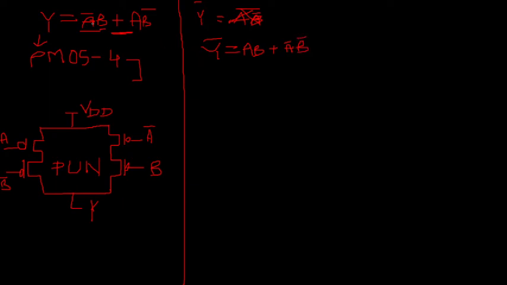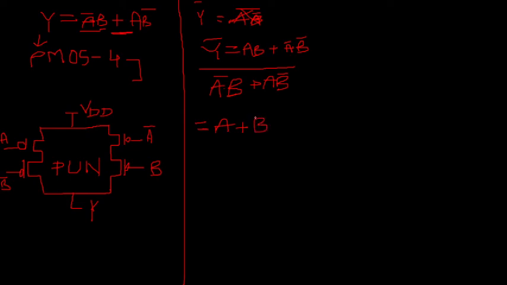How you are getting this, you can see here. Actually how are you going to write it? It will be A bar B plus A B bar, whole bar. So when you open this whole bar, what you will get? A double bar, so it will be A. Dot will become plus, so A plus B bar.